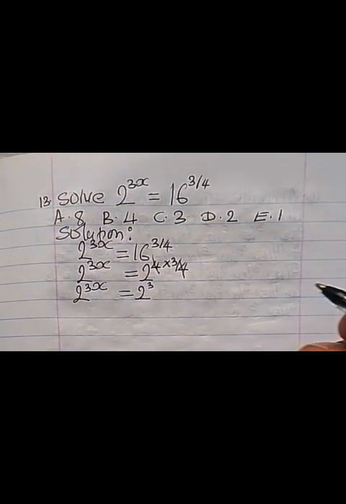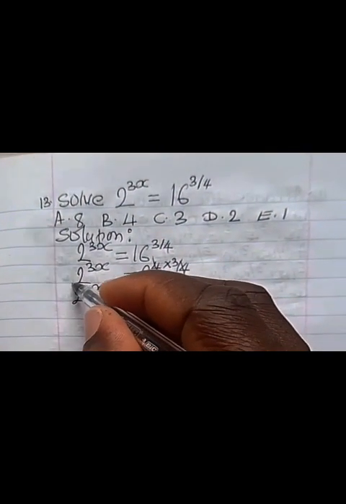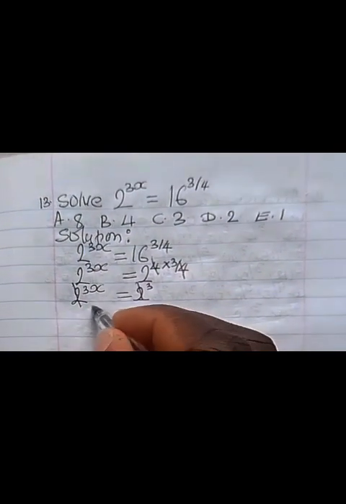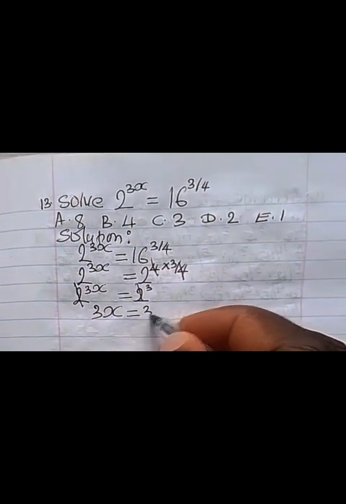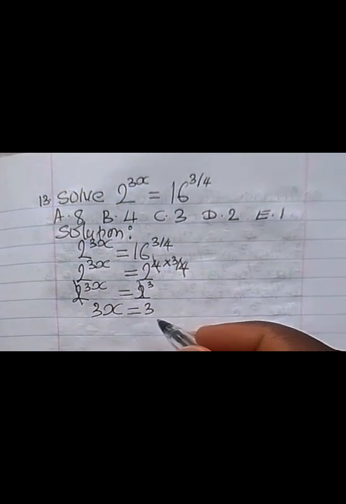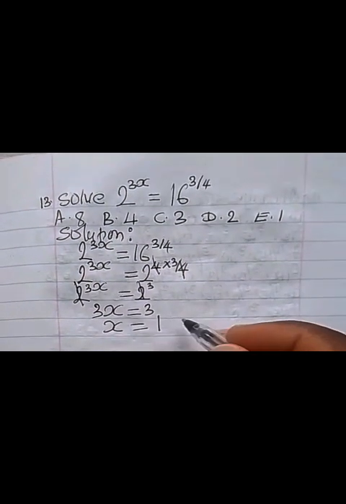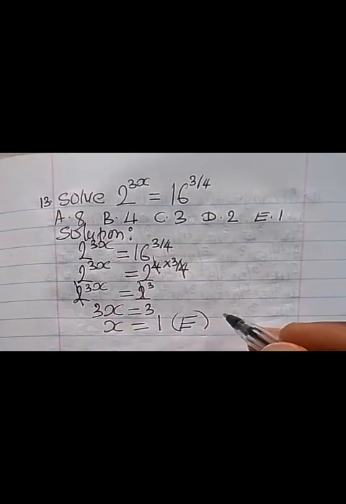The bases are the same, so you have to equate them. The bases cancel off and the powers remain. That is 3s equals 3. Divide both sides by 3 in order to get s. S is equal to 1. That is option E.